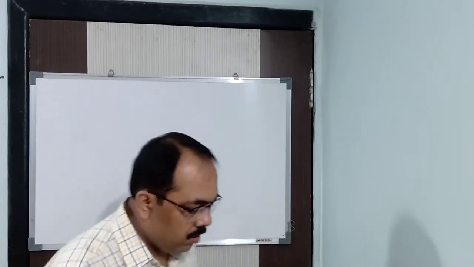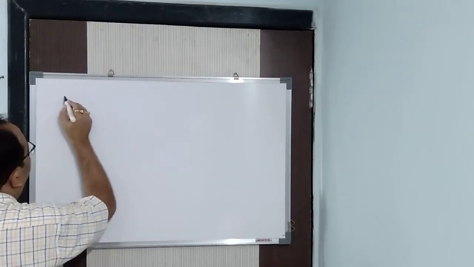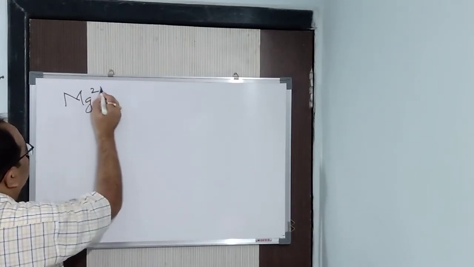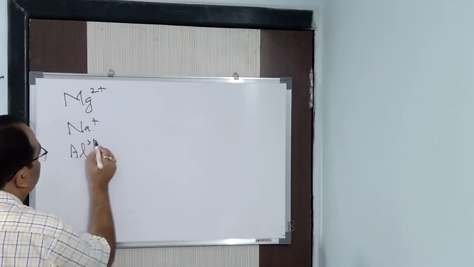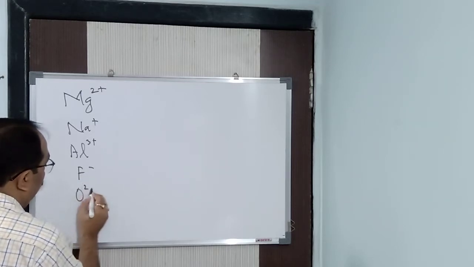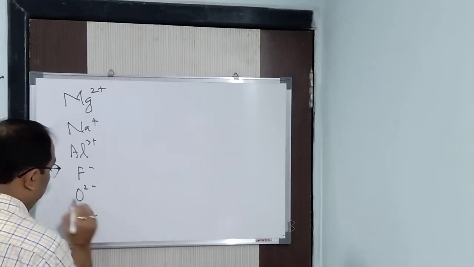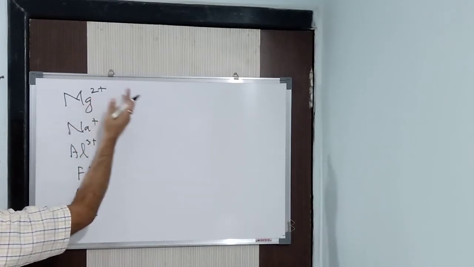Got it? So, for example, the isoelectronic species, I am writing it here: Mg2+, then Na+, then Al3+, then let us say F-, then O2- and Ne. Count it. Mg is having 12 electrons, 2+ means 10.